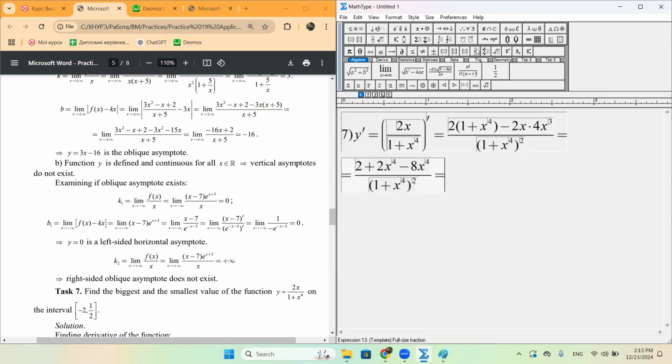So it equals the following: 2 minus 6x in power of 4. And let's move it out of brackets.